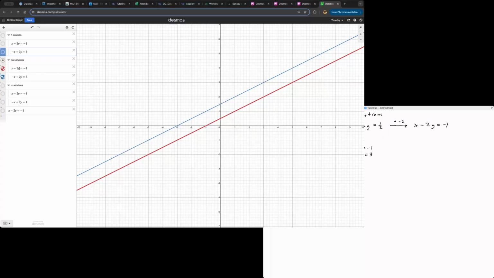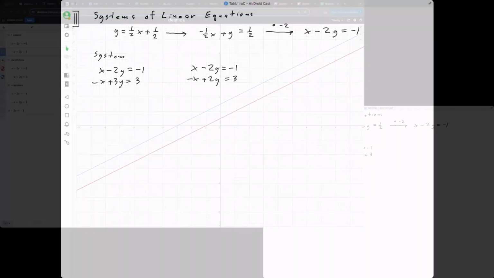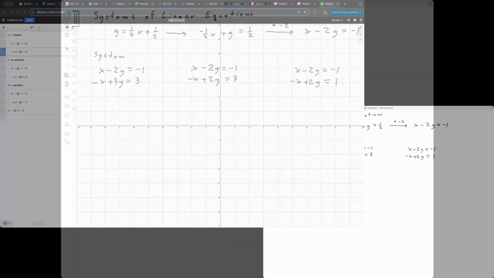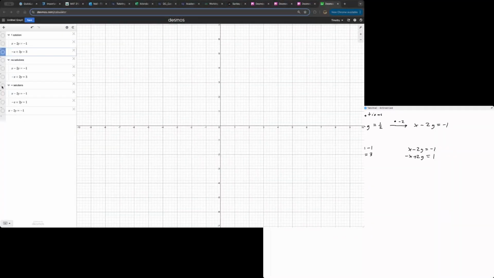I could also have a system of equations that looked like x minus 2y equals negative 1 and negative x plus 2y is equal to 1. And if I graph these, well, the two equations are graphed exactly on top of each other.